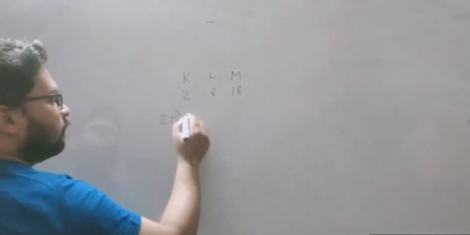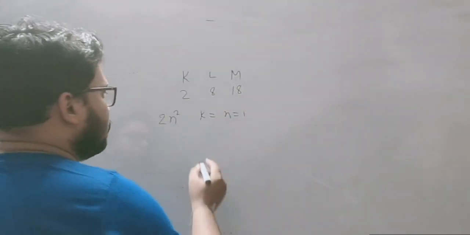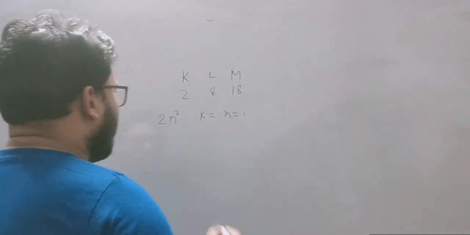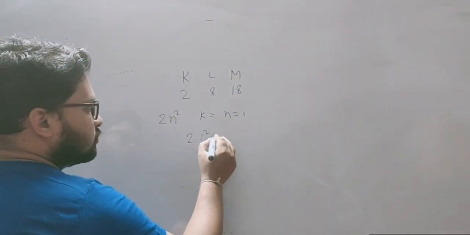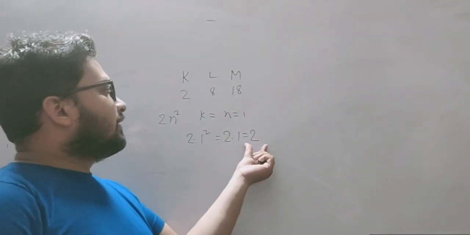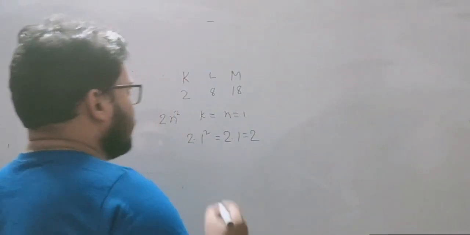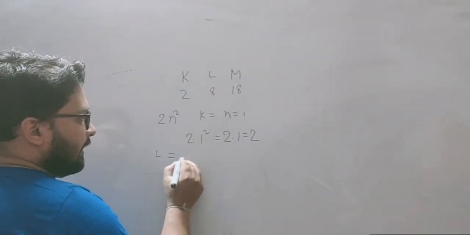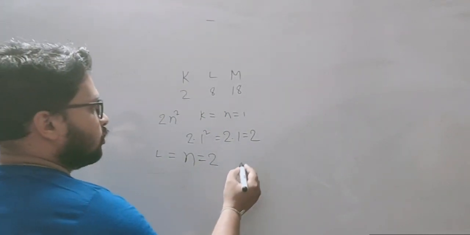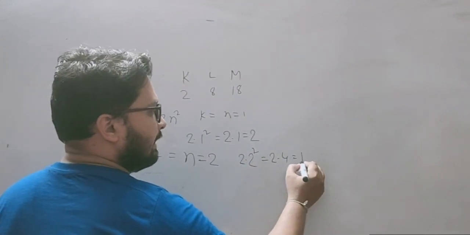Now for K, the value of n is equal to 1. So putting the value of n, 2 into 1 square, that is 2 into 1, which is 2. So we can write 2 electrons for K. Similarly for L, the value of n is equal to 2, so 2 into 2 square, 2 into 4, that is 8.